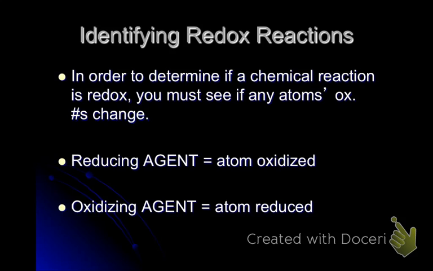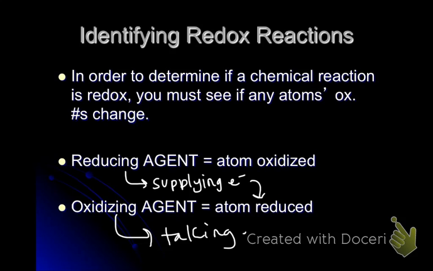So in other words, the atom that is oxidized is the reducing agent because it is supplying the electrons for the atom that is reduced. And the oxidizing agent is taking the electrons that are supplied by the reducing agent. So they're opposite. The reducing agent is actually what's oxidized.